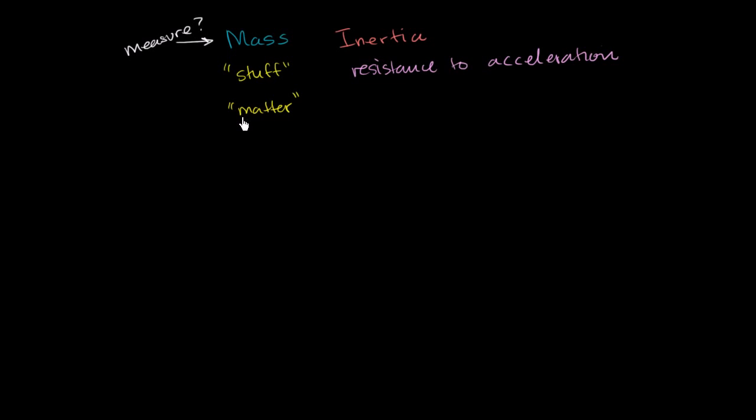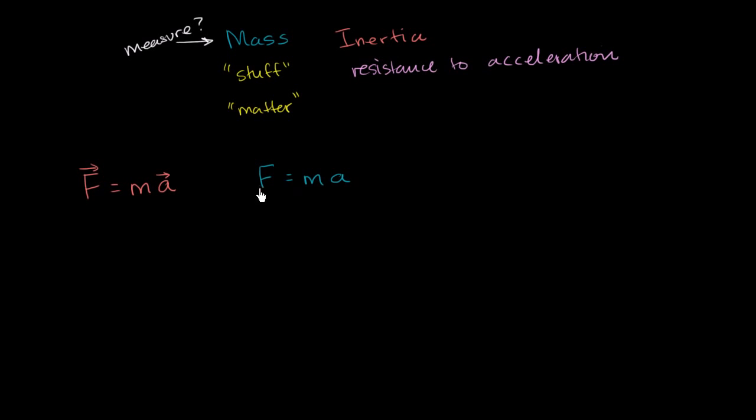But lucky for us, Newton's second law gives us a tool for figuring out the mass of an object. It tells us that the force acting on an object is equal to the mass of that object times its acceleration, and the acceleration and the force go in the exact same direction. If you want to think only about magnitudes, the magnitude of the force on an object is equal to its mass times the magnitude of the acceleration.